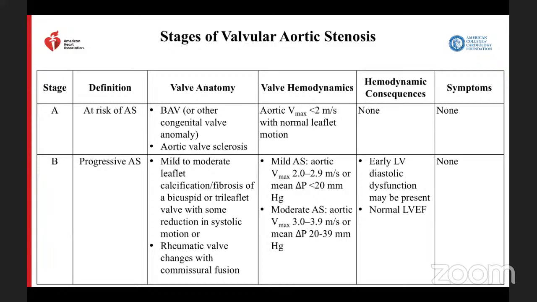Or it will be moderate aortic stenosis with the aortic velocity 3 to 3.9 and mean gradient from 20 to 39. The patient will have early LV diastolic dysfunction, and maybe a normal LV ejection fraction. The patient will come with no symptoms.